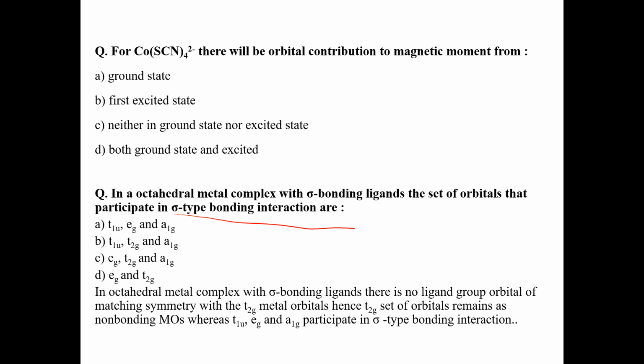In octahedral complex formation, all the ligands come along the axis, not in between the axis, so overlap is not there. That's why they remain non-bonding. So what will be the correct set? T1u, eg, and a1g.